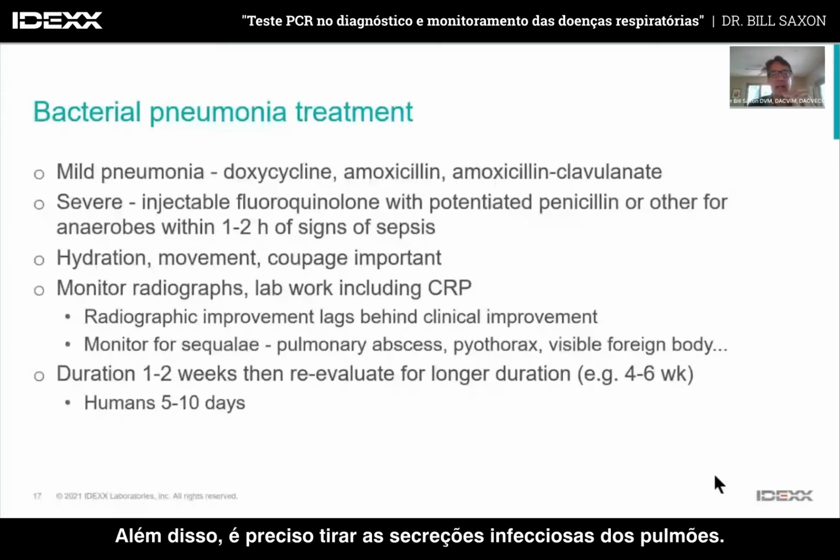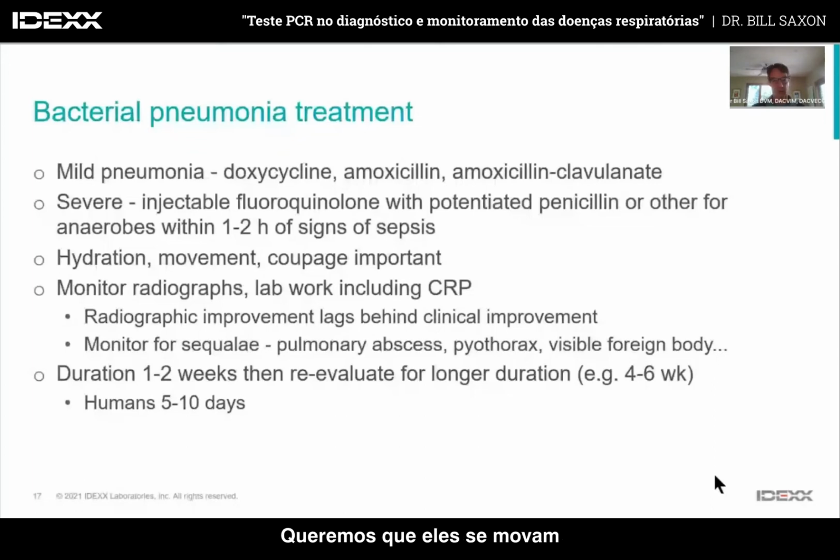Also, these guys need to get those infectious secretions out of their lungs, okay? So we want them moving to help the mucociliary apparatus work.